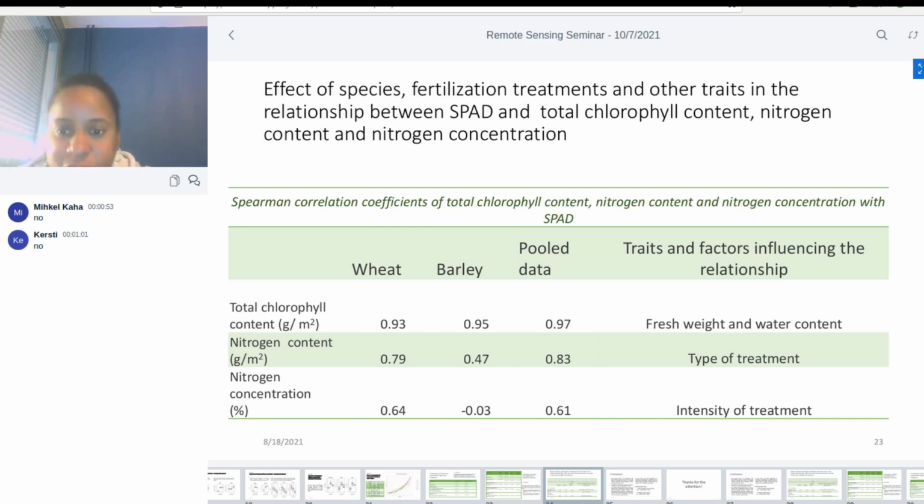And we can see that total chlorophyll content is very well related for both species separately and also for the pooled data. Nitrogen content is well related to SPAD values in the case of wheat and the pooled data, but the relationship is poorer for barley. And nitrogen concentration also seems to be well related to the SPAD value, but in the case of barley, the relationship is very poor.